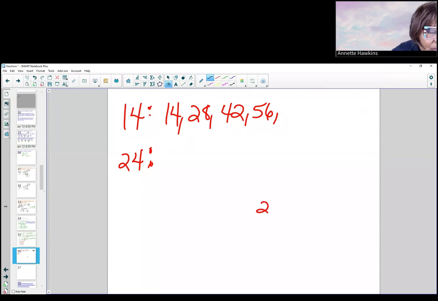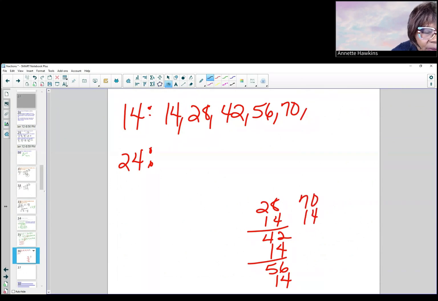I need to make sure that I'm getting these correct, because otherwise it won't be right. That's 42, add 14, 56, add 14, that's 70. Add 14, that's 84. Let's add 14 again. 98.